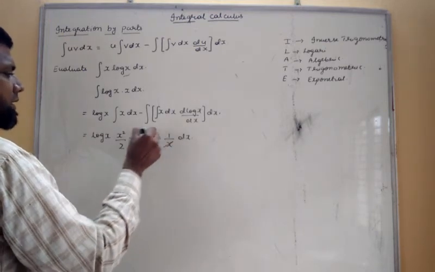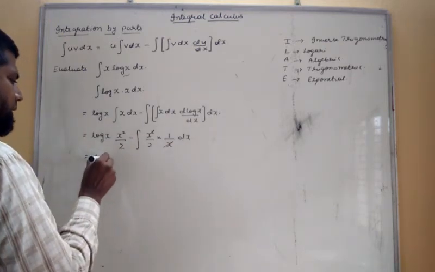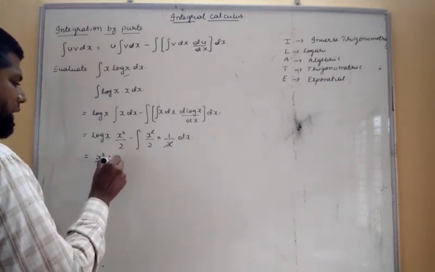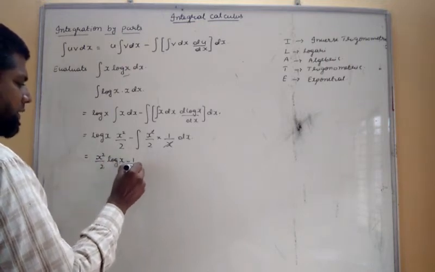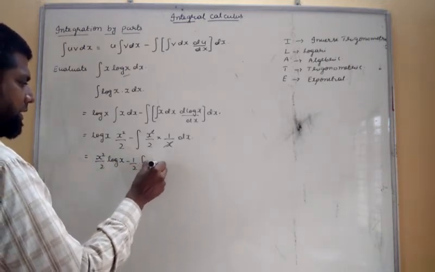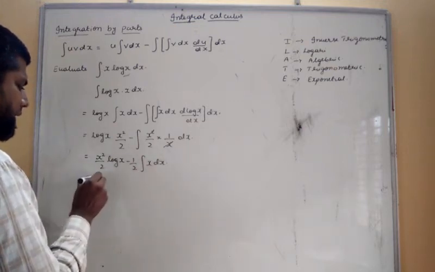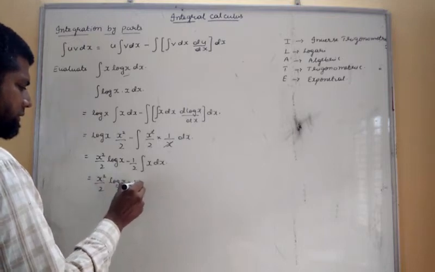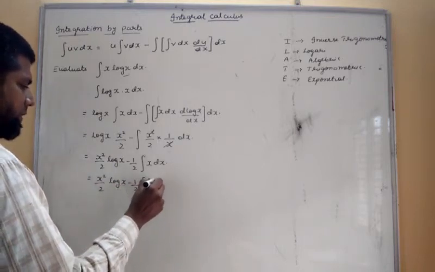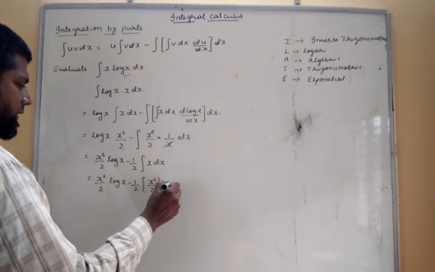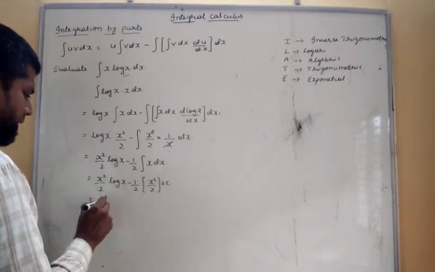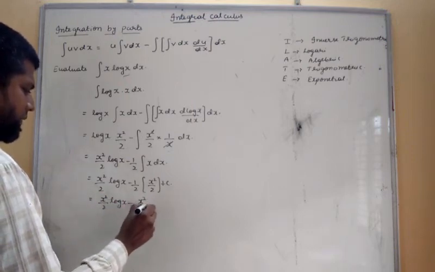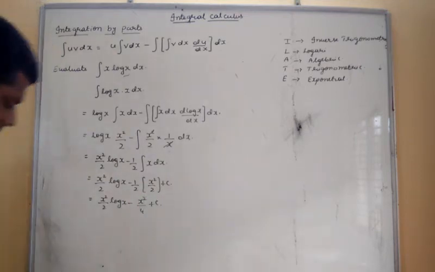Here you can cancel this x and this x. Then we write x square by 2 into log x, then remove 1 by 2 as a constant, the remainder is x. Again integration of x is x square by 2. So x square by 2 log x minus x square by 4 plus c.